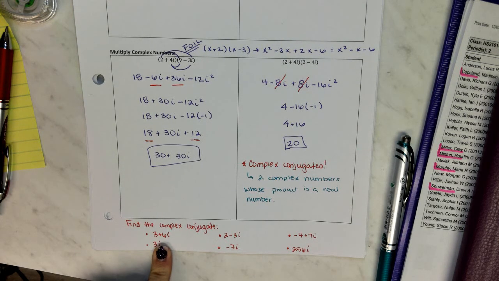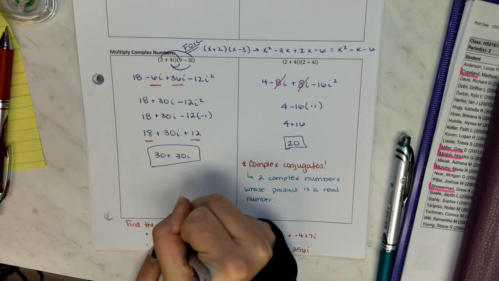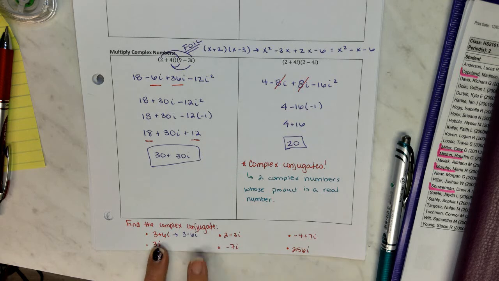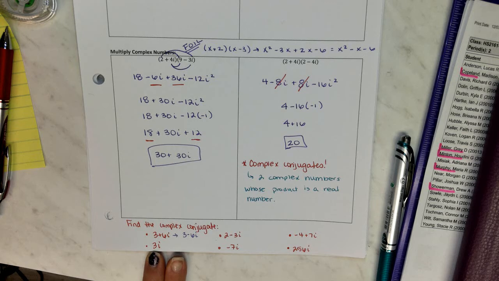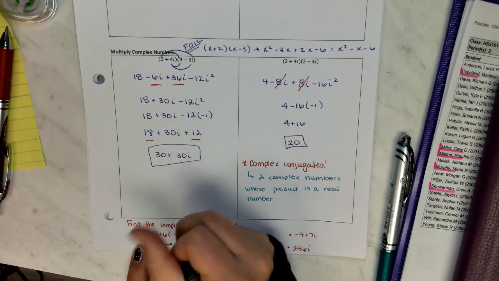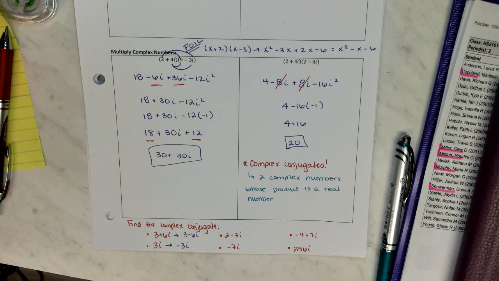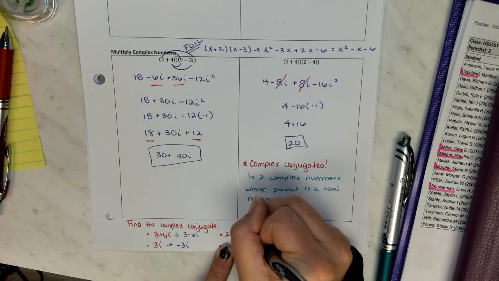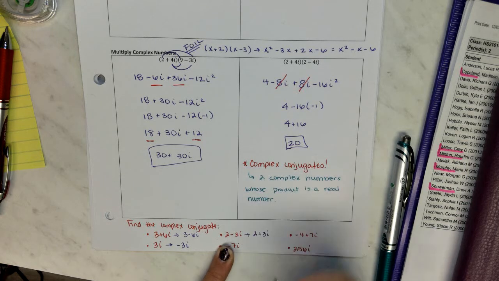If you are given 3 plus 6i, its complex conjugate would be 3 minus 6i. Notice your complex part is opposite. Now this one is just an imaginary number because it doesn't have a real part to it. So when we find the complex conjugate, it's just going to be negative 3i. The complex conjugate of 2 minus 3i would be 2 plus 3i.